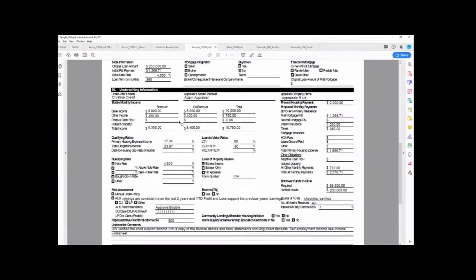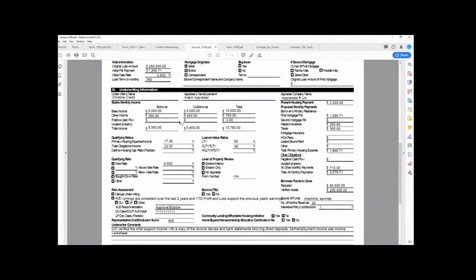It tells you if it's a DU, LP, AUS, or it's a manual, and the rating that they provided us, if it's approved eligible. The underwriting comment section, that's where we put in our thoughts behind this file. So I'm just going to read this simple thought process on this file.